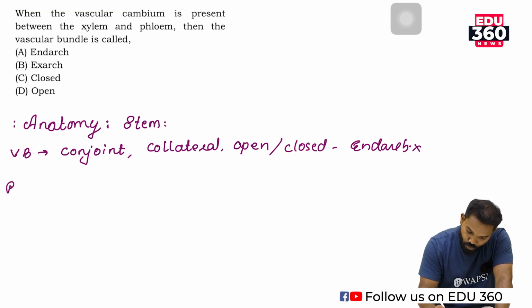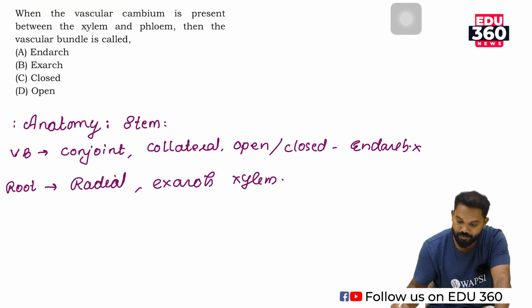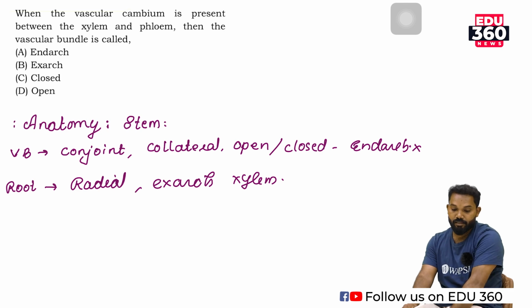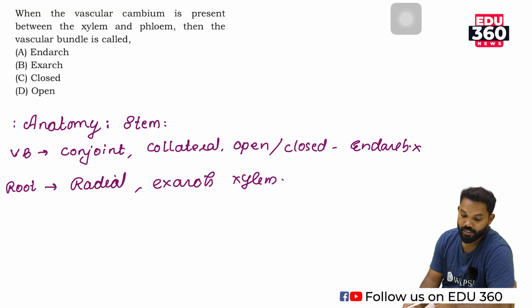In the case of root, vascular bundles are radial with exarch xylem. So there are many terms: conjoined, collateral, endarch, exarch, radial.